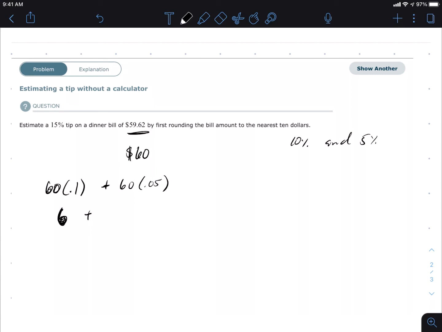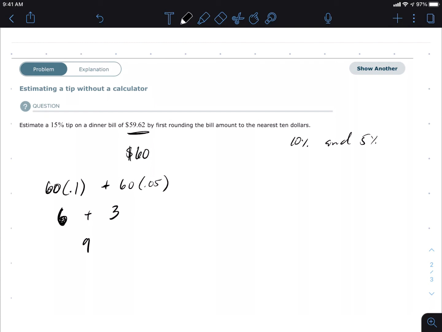What's half of 6? $3. I feel like I'm talking to myself. So the tip for this bill should be about $9. Does that make sense what I'm saying?